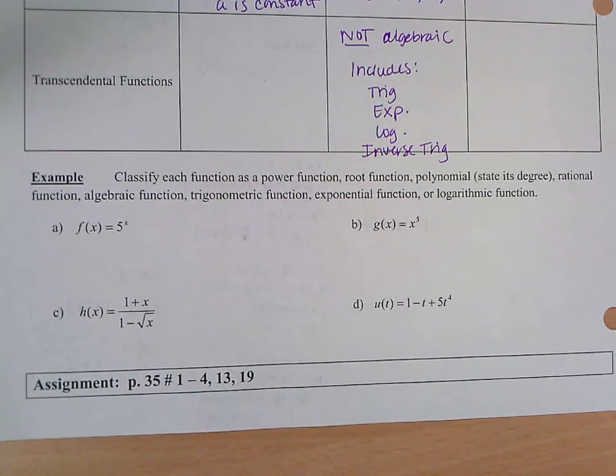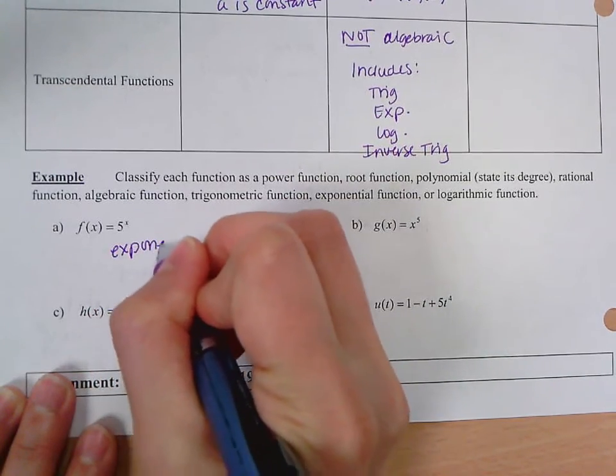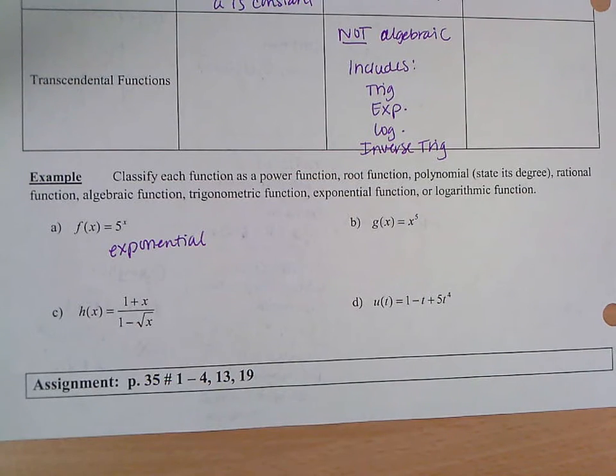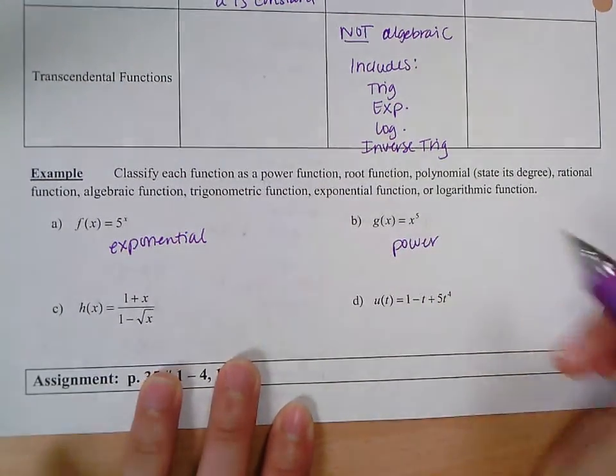Looking at A, what type of function is A? A is exponential. What about B? It is a power function. Anything else?